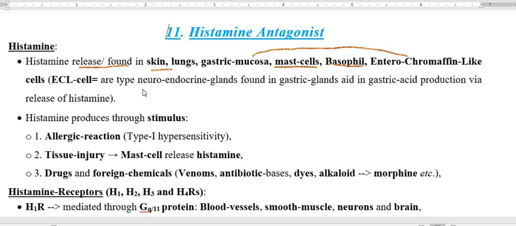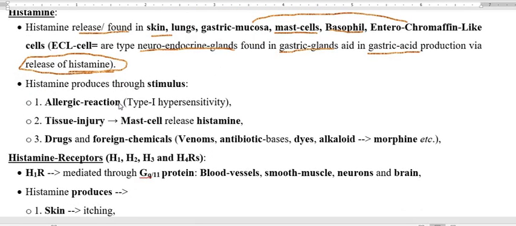That is a neuroendocrine cell found in the gastric gland and participating in HCl production through histamine. Means HCl production is routed through the histamine pathway after its attachment to the receptor.